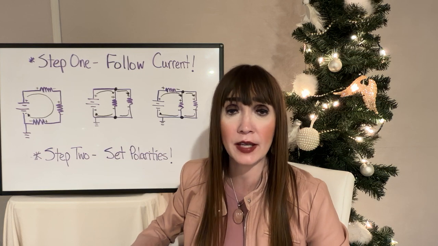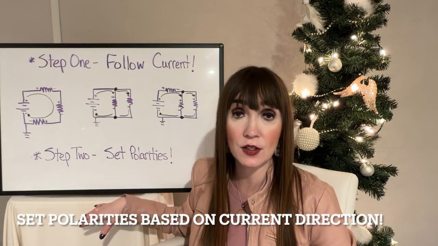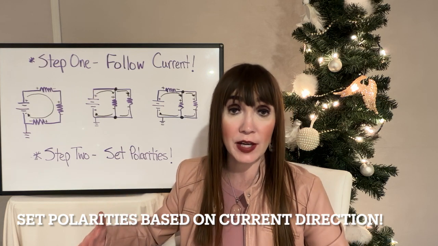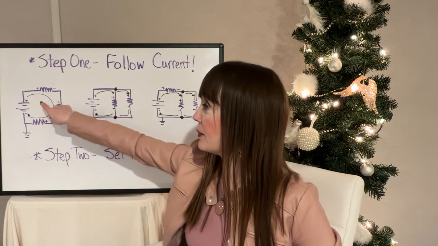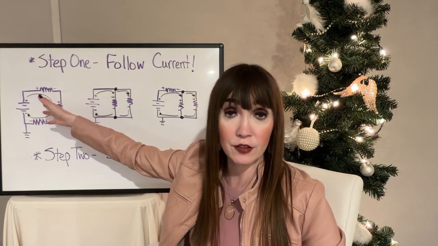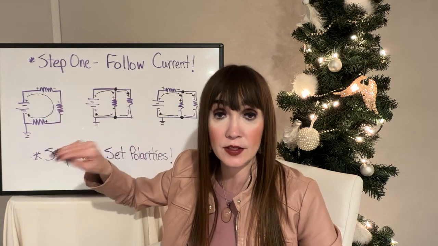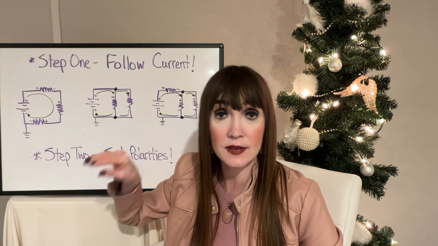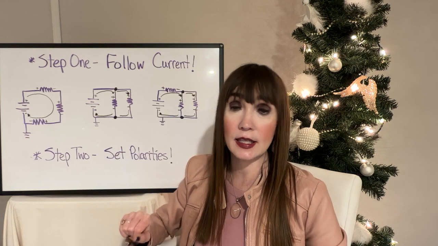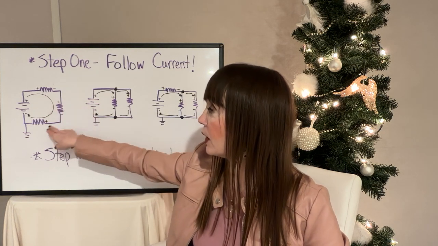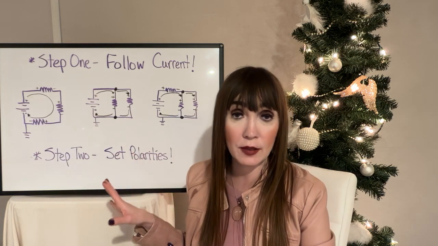That's step number one. And step number two is setting our polarities across our components, and we use current direction to do that. Anytime I note my current flow, I then say, when current flows into the resistor or into the component, we give it a plus. When it leaves the resistor or component, we give it a negative. So I give my positives and negatives, I set those polarities across all my components.